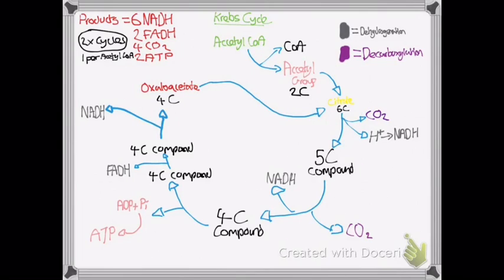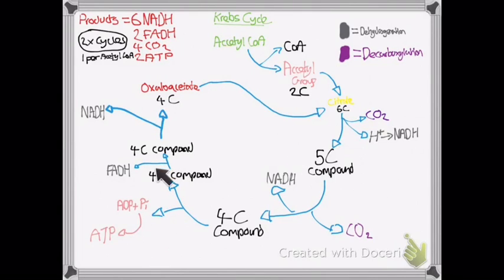This 5C compound is once again decarboxylated, carbon dioxide is released, and it's dehydrogenated, hydrogen is released and accepted by coenzyme NAD, forming a 4-carbon compound. This time it remains a 4-carbon compound, but it releases a phosphate group which binds with ADP to form ATP. So we formed 1 molecule of ATP.